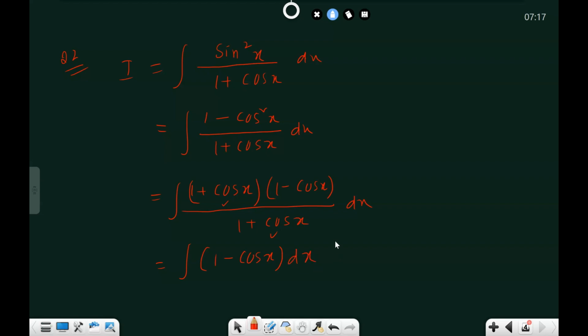That is simply the integration of 1 dx, which is x, minus the integration of cos x dx, which is sin x. As we complete the integration, now you have to give a constant of integration c, and this will be your answer.